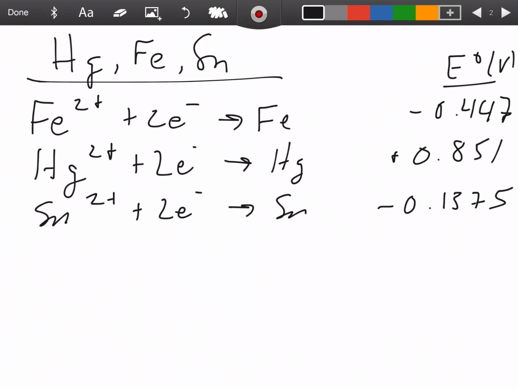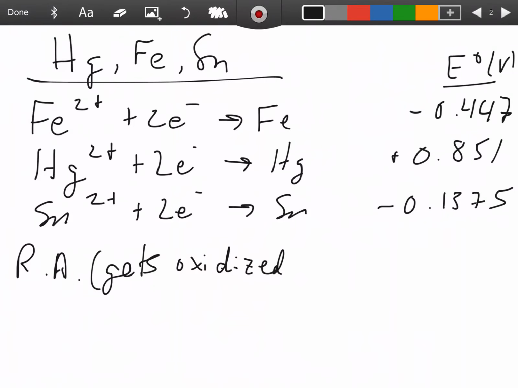All right, so which one is the best reducing agent? A reducing agent again gets oxidized, and if it's getting oxidized, that means it has to be giving up electrons. So here's the iron giving up electrons if it goes in the reverse direction, and likewise mercury and tin. Of those, which one is the best?